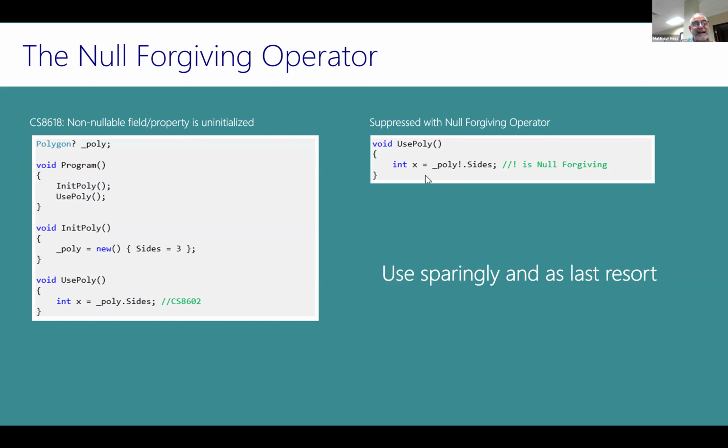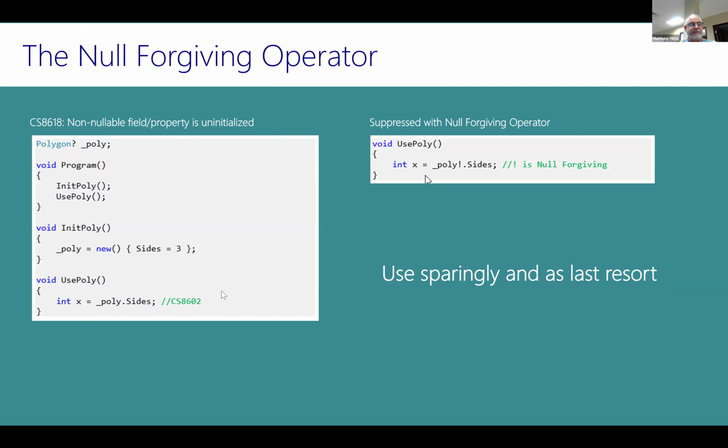But you know, practically speaking, because you have higher order knowledge of how the program works, that even though it's declared as nullable, it will never be null in a certain context. And rather than change the variable itself, which might be nullable for some other good reason, you can kind of suppress the warning locally using the null forgiving operator.